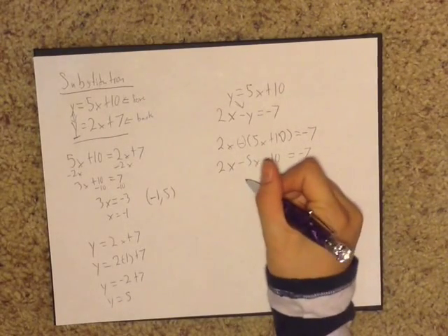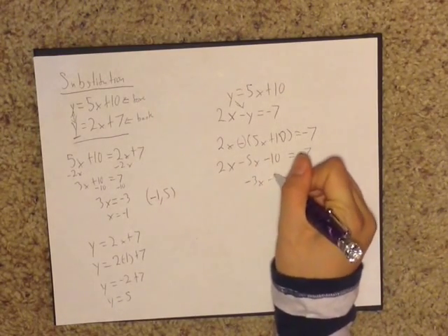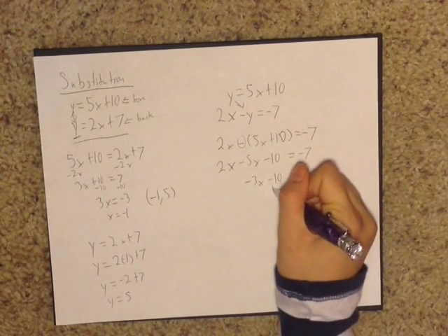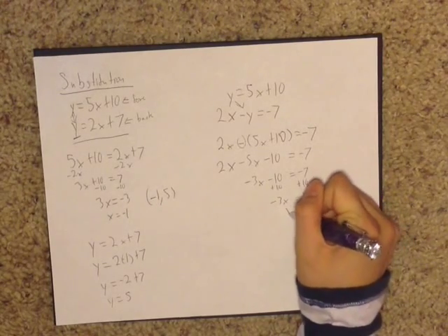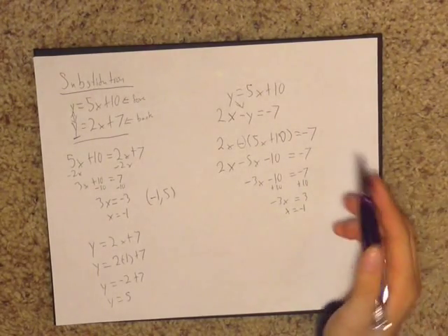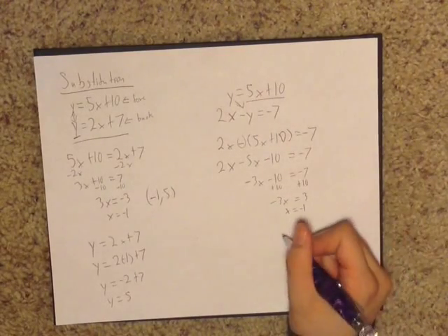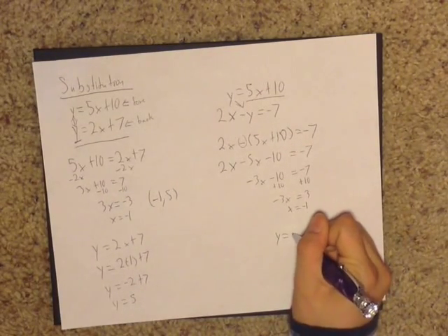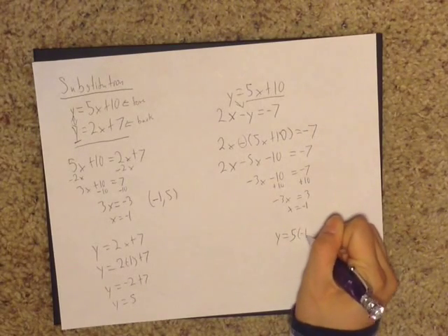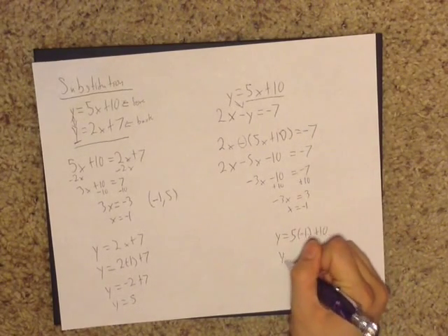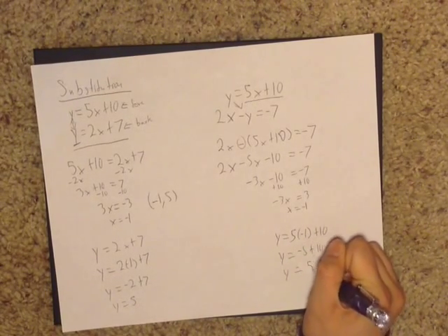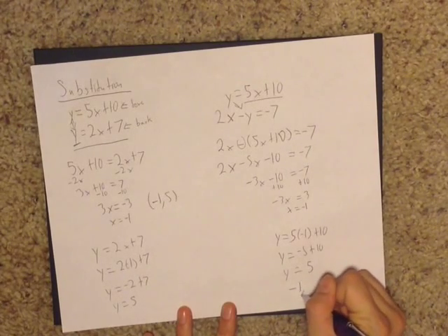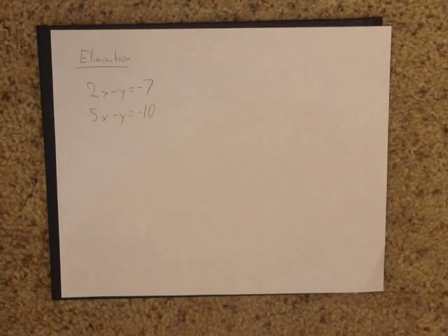So if we simplify this equation, -3x equals 3, or x equals -1. We plug this back into this one. We get -1, 5.